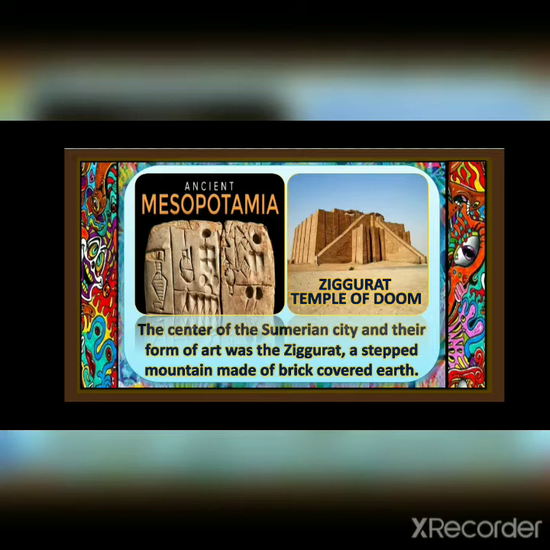This system is made up of wedge-shaped characters that were written on clay tablets. The center of the Sumerian city and their form of art was the ziggurat, a step mountain made of brick-covered earth.